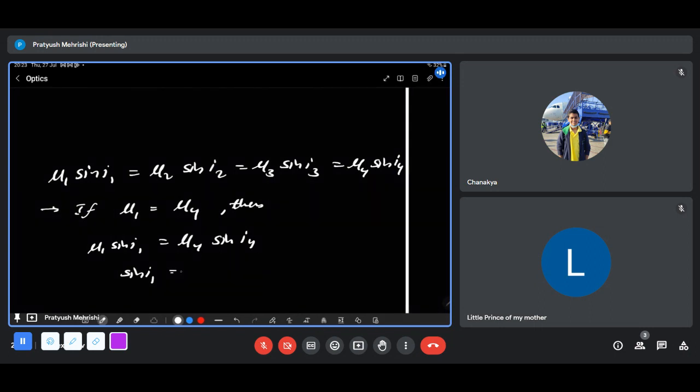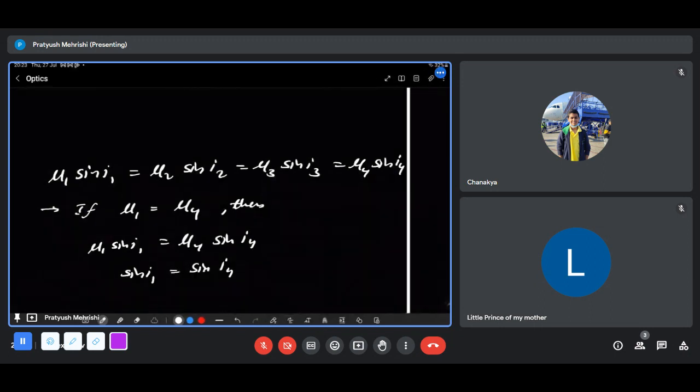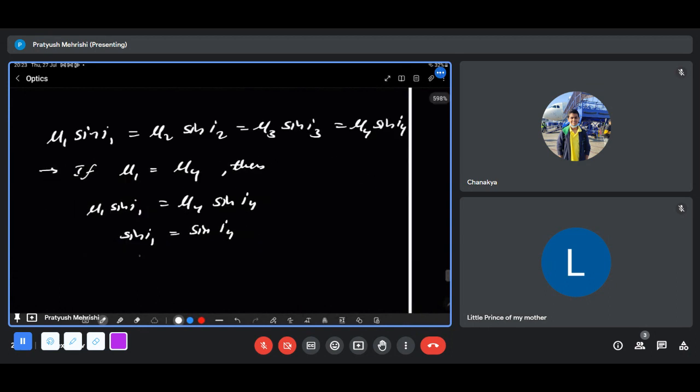Sine I1 equal to sine I4, so I1 equal to I4.